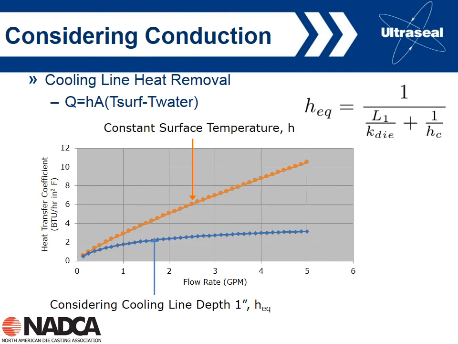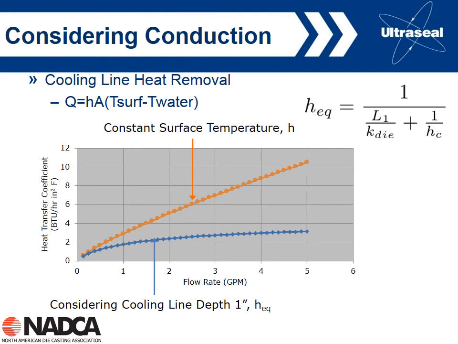Often casters will move cooling lines so far back from the die surface that they become less effective. They're more concerned about maybe cracking or early breaking of the tool, and so they want to keep their cooling lines well back from the surface. And this can be a problem, though, because it doesn't provide very good heat extraction.